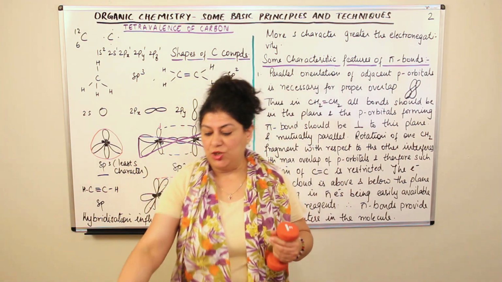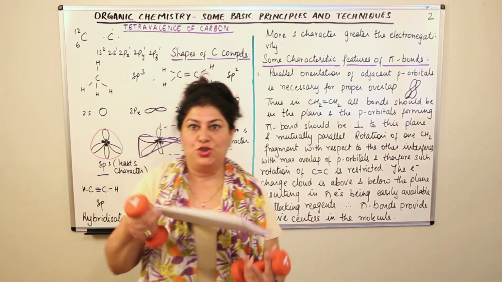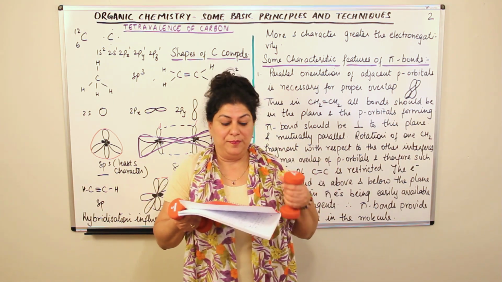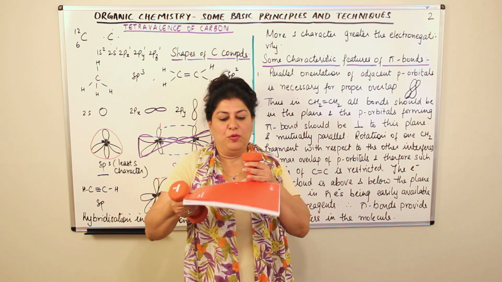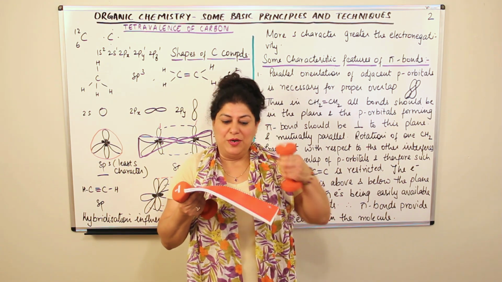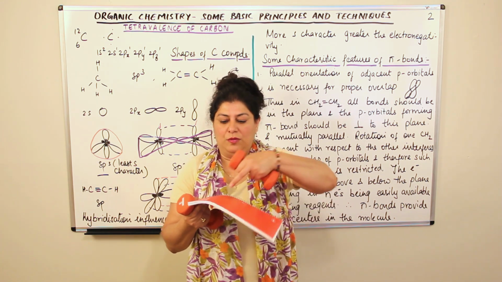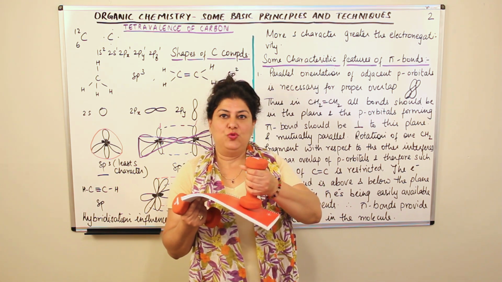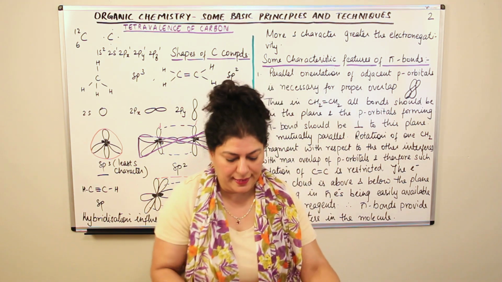So let us imagine that the two triangles that I showed you were along this plane. And the p orbitals in both the carbons are perpendicular to this. In the center, they are perpendicular. So one triangle goes here, and they form a bond between them, and these two dumbbells are standing like this.